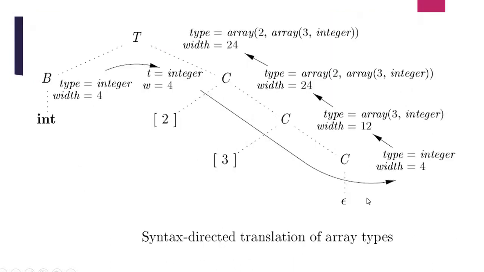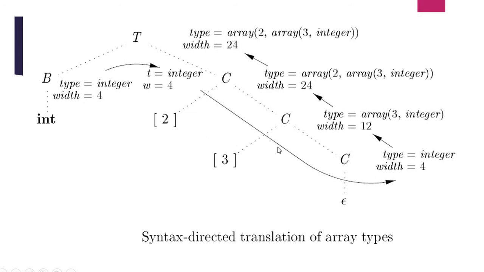Here also, if you observe, the type and width of the child value will help us compute the values for the parent C. How are we going to calculate the type and width of the parent C? It is from the child C. Each individual element will be integer and its width is 4 bytes. But if you consider this collection of elements, it has size 3.